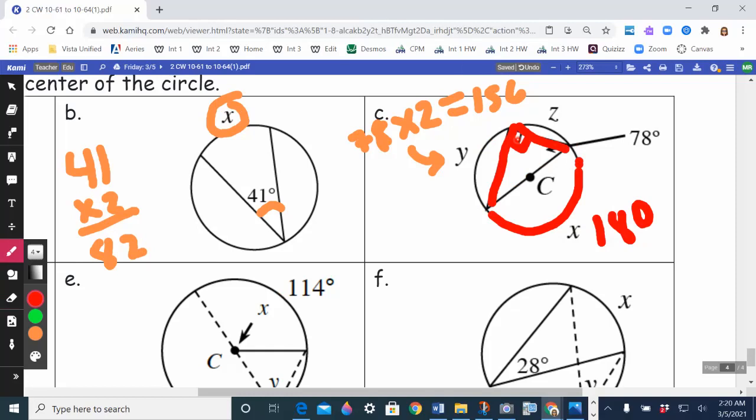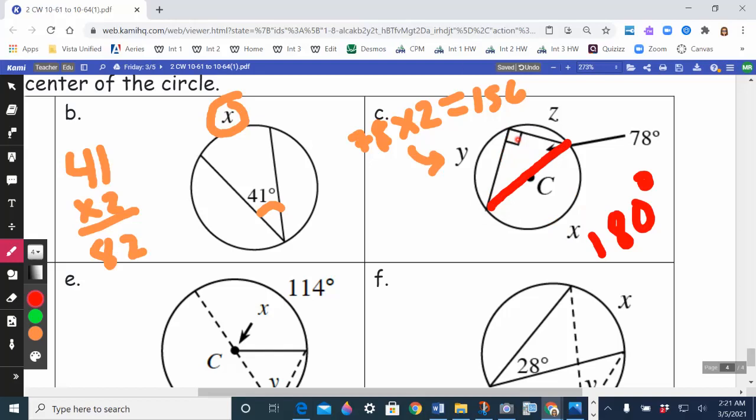Another way to think about it is you see that this is a diameter, so that's cutting my circle in half. So I know that that's 180 degrees.